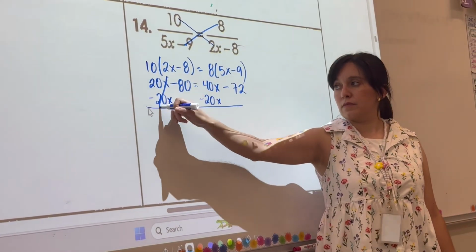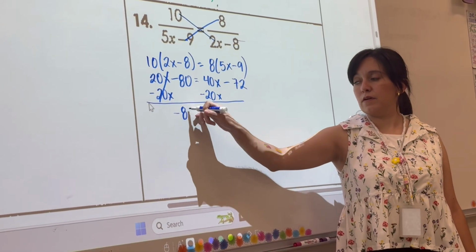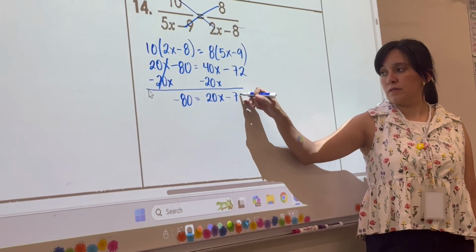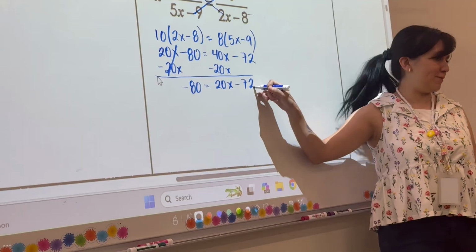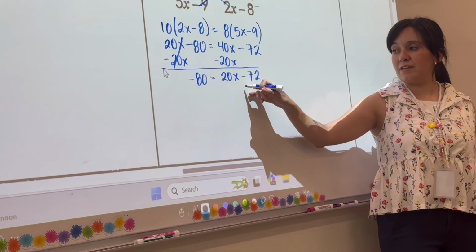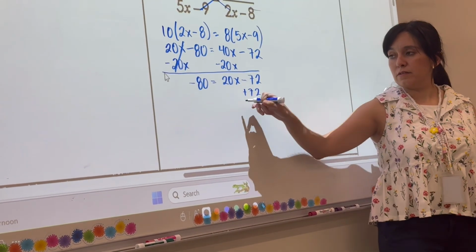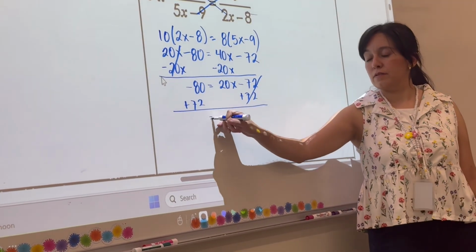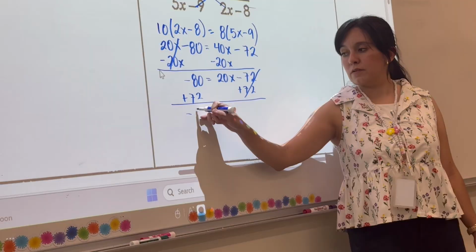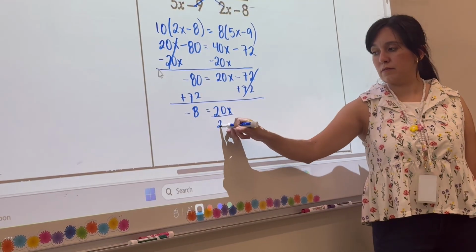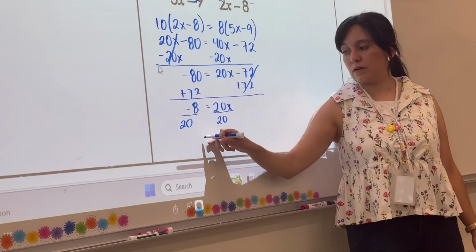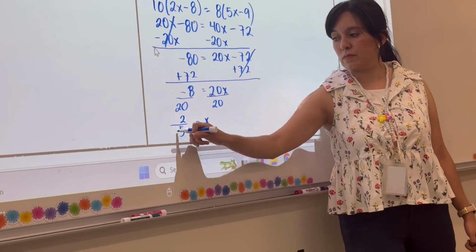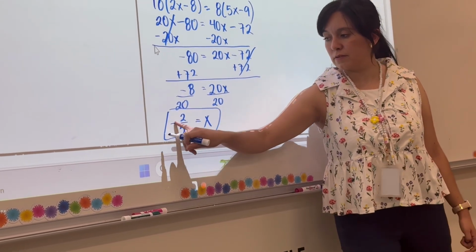Negative 80, and then equals 20x minus 40. Then plus 72. Negative 8, and then divide it. How much is it? Negative 2 over 5. And that will be our answer.